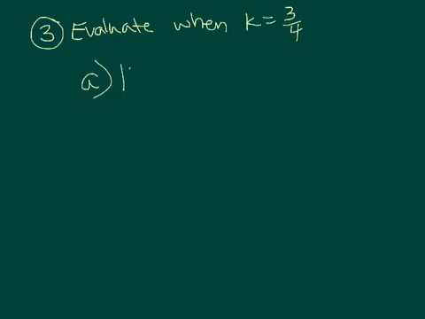And for this one, I'm actually just going to give you 1 to do. And it will be k squared. So if you remember, something squared is that number times itself. We're going to do 3/4 squared. You're just going to end up doing 3/4 times 3/4, which gives you 9/16.